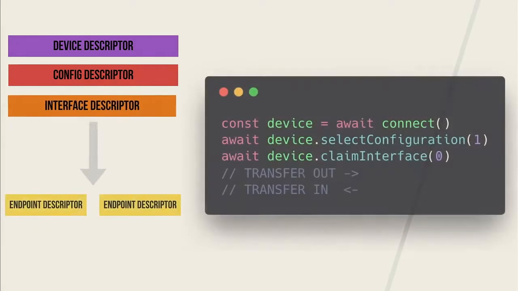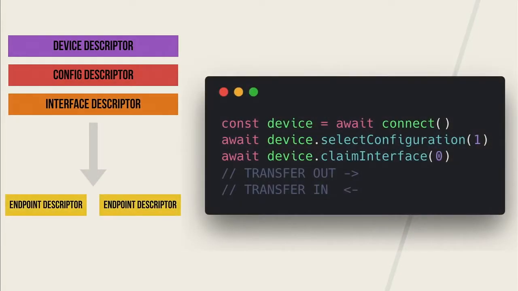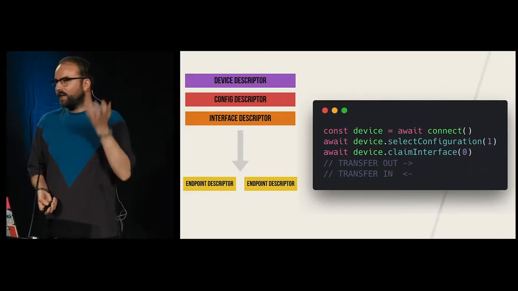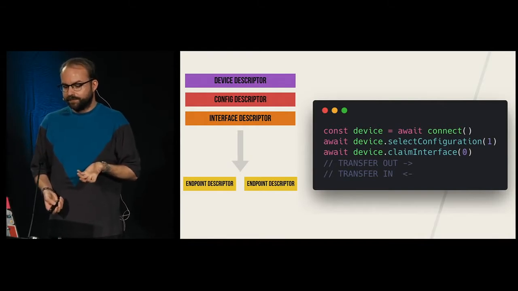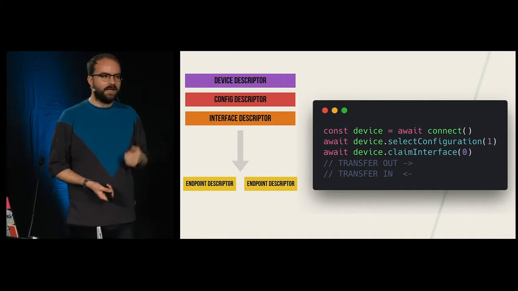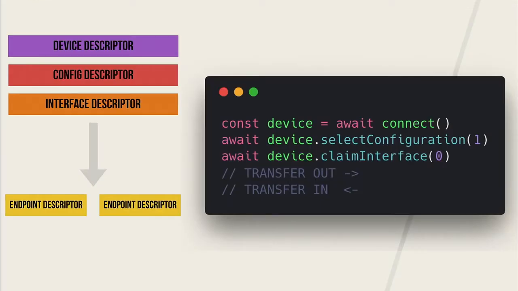We're getting close to having this all sorted out. So the next thing, after we claim the interface, we are ready to talk to the endpoint descriptors. And the endpoint descriptors will identify details like data transfer direction, polling, and also the types of transfer.